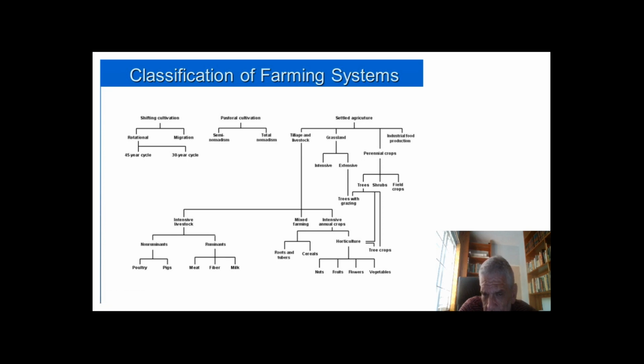And then you have horticulture. Well, horticulture really is flowers and so on. But this thing also includes nuts, fruits, flowers, and vegetables. And then you have perennial crops, where you have trees which grow every single year.